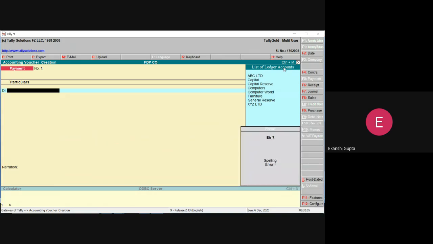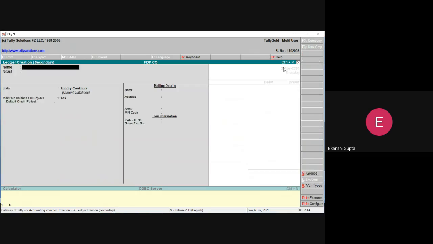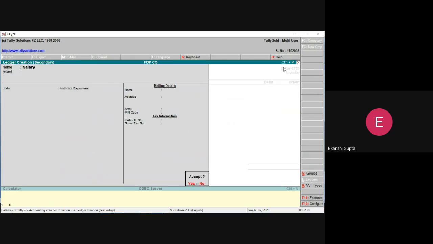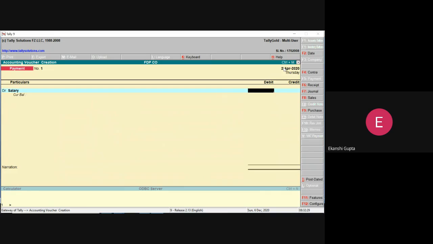Debit will be salary. Again, you have not created the salary ledger, so click on Alt plus C. Create salary, which comes under indirect expenses, and write down the amount as 33,000.